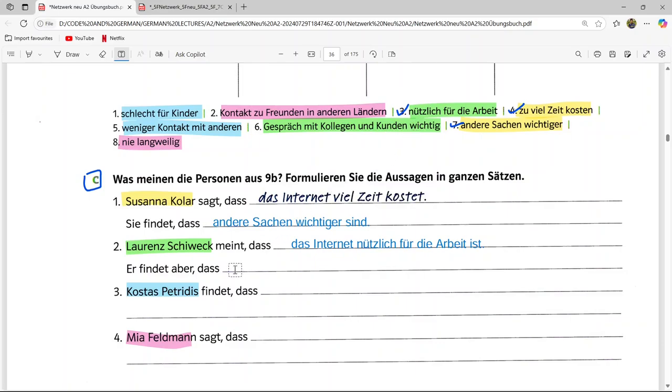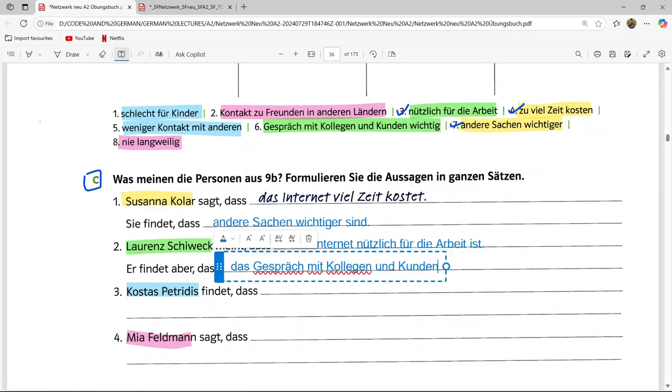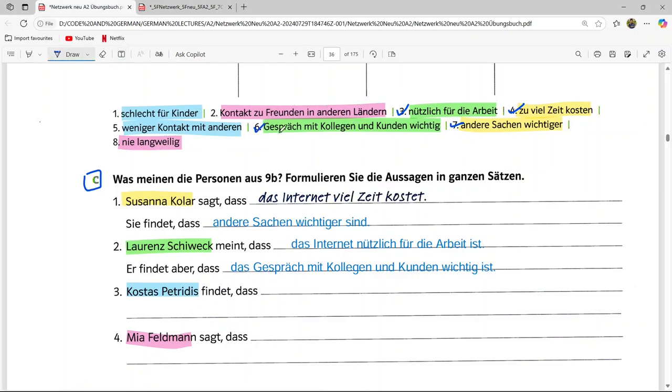Okay, so das Gespräch mit Kollegen und Kunden wichtig ist. Conversation with the colleagues and customers is important. Okay. Now also these two are done.